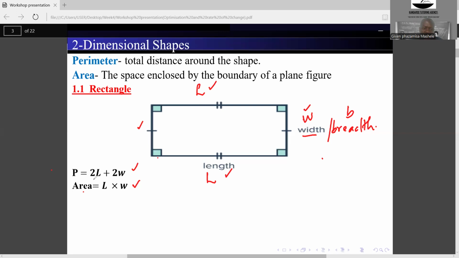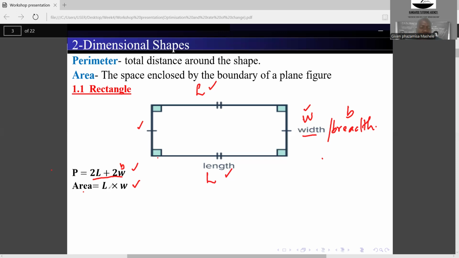This is the formula for determining the perimeter of a rectangle. And you must know that it's not always that we'll be using this formula, 2L plus 2W or 2B. It depends on our scenario.